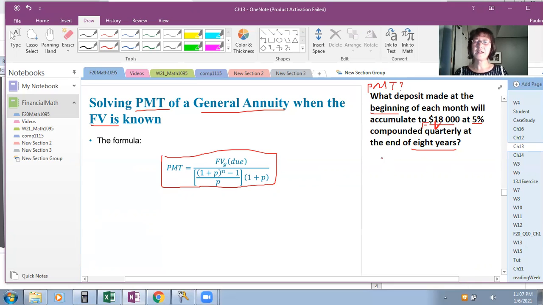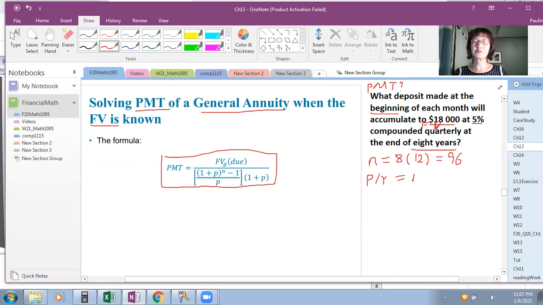Okay. 8 years means term N equal to 8 multiplied by 12, because 1 year has 12 months. You deposit every month. So 96. Because you deposit every month, 1 year you make 12 deposits.